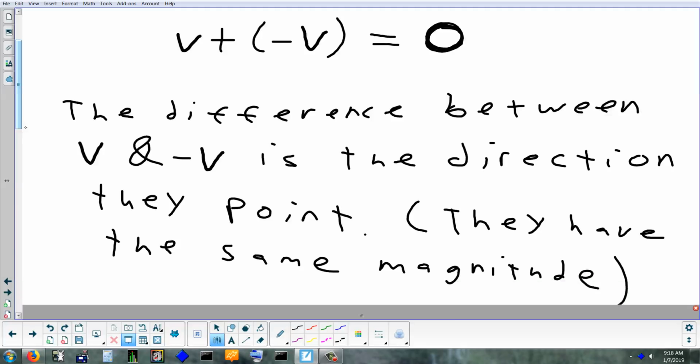If you take something and you add the negative of something, what operation is that? Subtraction. That's really subtraction. So keeping this idea in mind, when you want to subtract two vectors, which is what we're going to do next, all you have to do is think about, oh, okay, subtraction is the same thing as adding a negative. And a negative, all it does is change the direction. Okay, so keep that in mind, and now we're gonna look at subtraction.